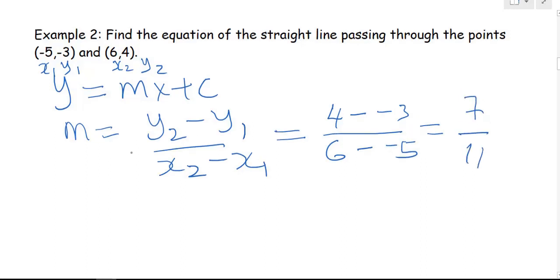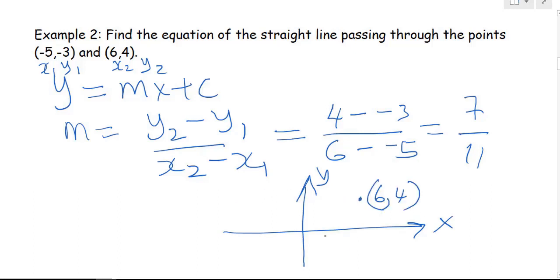We now plot this line on a grid, where this is y and this is x. Our first point is (6, 4), and our second point is (-5, -3). Now realize that throughout this line, the gradient is the same. If you consider another general point, say (x, y), it therefore means that between (x, y) and (6, 4), or between (x, y) and (-5, -3), the gradient is the same as between (-5, -3) and (6, 4).